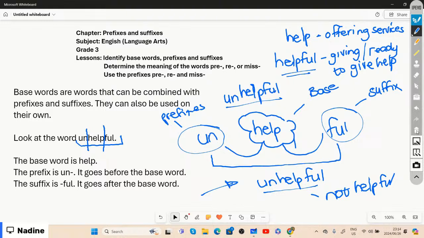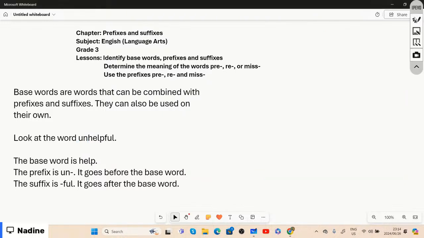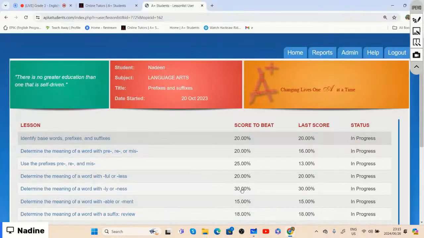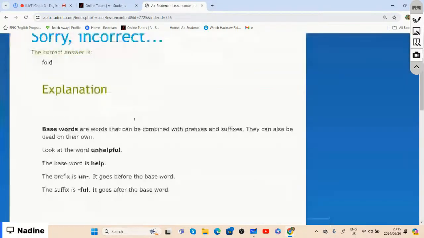All right, so now let's go to aplusstudents.ca. We're going to go over identifying base words, prefixes, and suffixes. We're going to determine the meaning of the words pre, re, or miss, and we're going to use prefixes like pre, re, or miss. So we're going to the first one, to identify base words or root words.